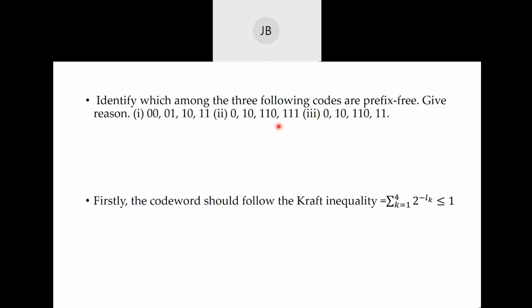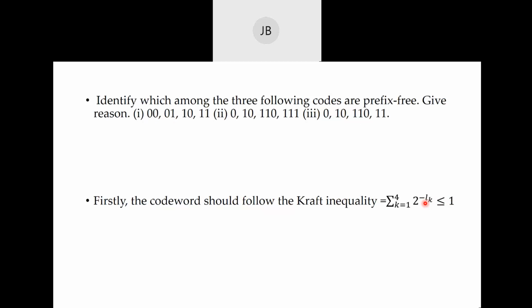We know the definition of prefix free. To say a code is prefix free, it should follow the Kraft inequality, given by this relation: the summation over all code words of 2 power minus lk should be less than or equal to 1. Here lk is the length of the code word. For instance, in the first case, all the code words have a length of 2 bits, right?